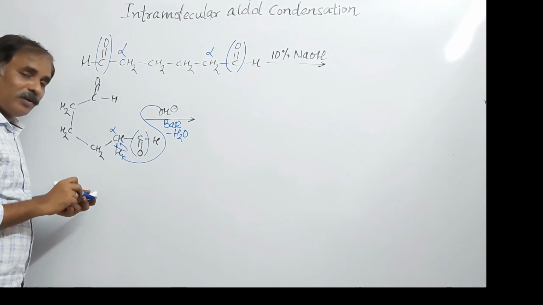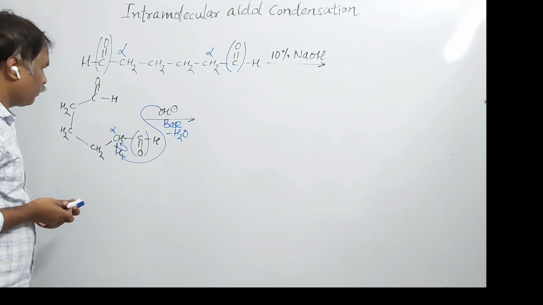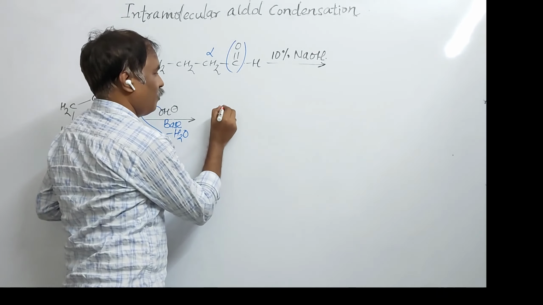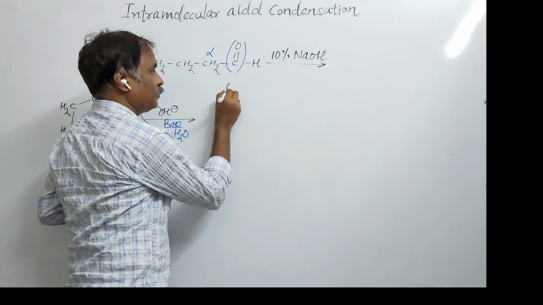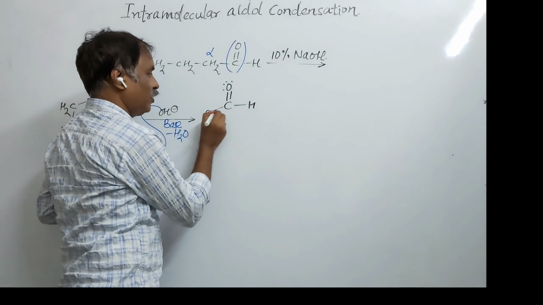Here the carbanion will have resonance stabilization, so the carbanion forms like this. If you want to show the lone pair of electrons, you can show it.